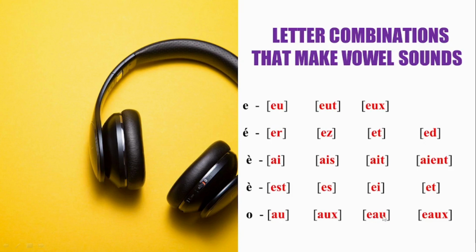EAU is also pronounced O. EAUX, right? So all these create the O sound. All of these here create the S sound. All of these here create the S sound as well. All of these letter combinations create the A sound, and all of these letter combinations create the E sound.